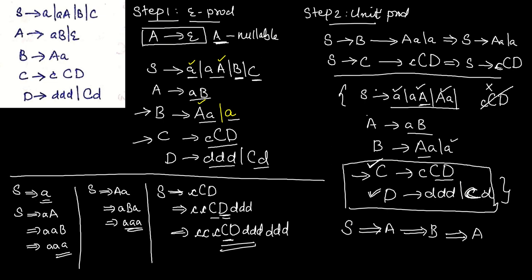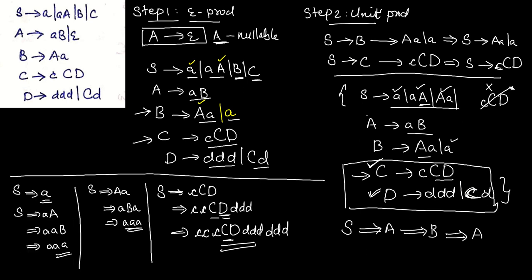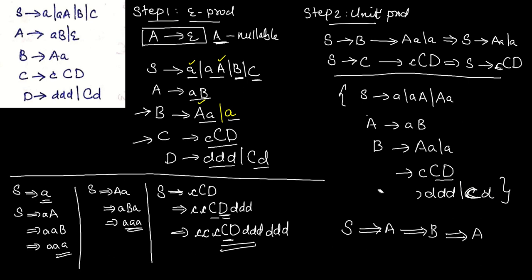So this is the remaining production we have. This is the remaining simplified production. For saving space, I am removing all these. So these will be removed and the final answer will be this one.